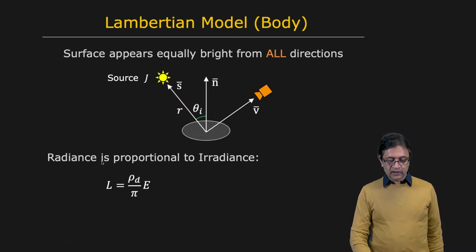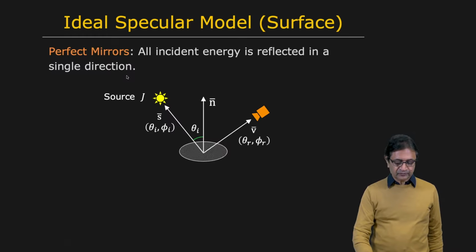Now let's go to the other end of the spectrum, and that is an ideal specular surface. This is the ideal specular model. In this case, what you have is mirror-like reflection. All the reflection happens at the interface itself, so it is surface reflection and not body reflection. And all the energy of incident light is reflected in a single direction in this case.